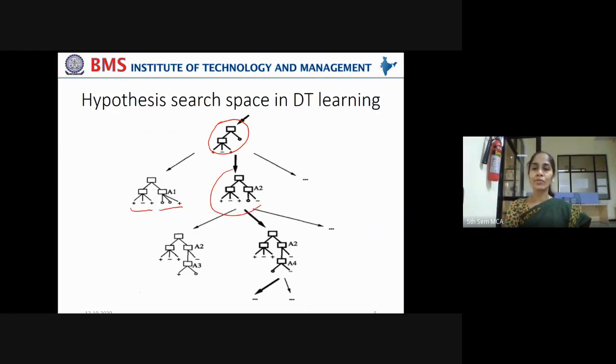Like that, it goes on and on, considering attributes A1, A2, A3, A4, whatever attributes are available. It proceeds with all of them by checking their information gain at each split point and seeing whether the classifications made are pure or not. If it is pure, the tree construction ends there. If it is not pure, it has to further check other attributes.